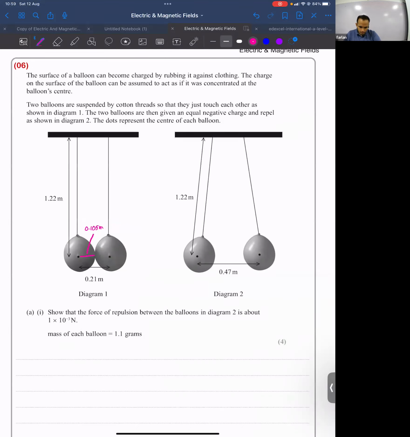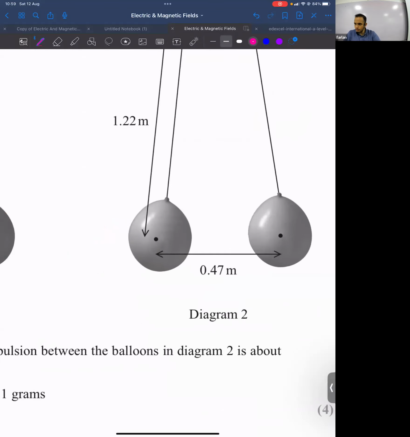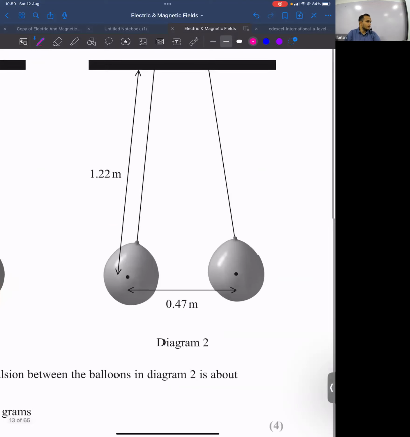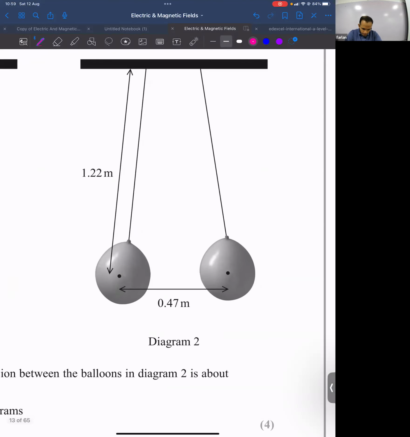Right, look at this part. They are asking, show that the force of repulsion between the balloons. So guys, I will take one of these balloons and mark the forces acting on it. Definitely the weight mg is acting down. The tension T from the string is acting this way, and the force of repulsion, let me take it as F, is acting this way.